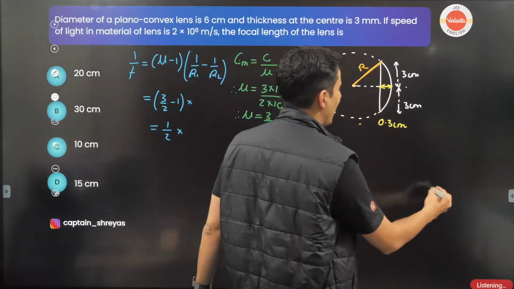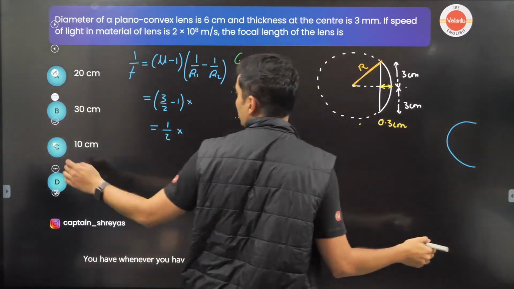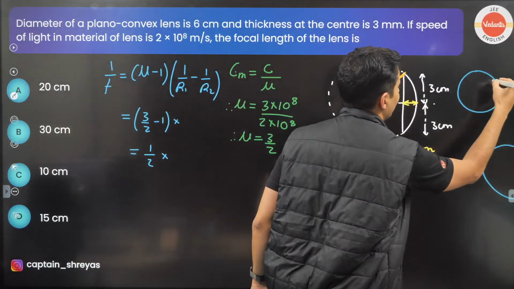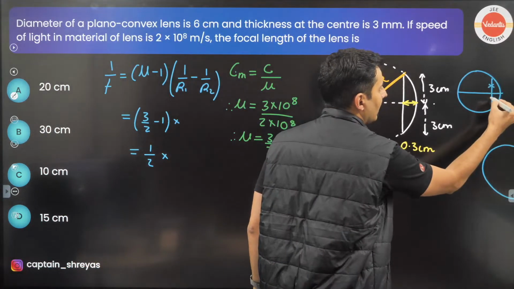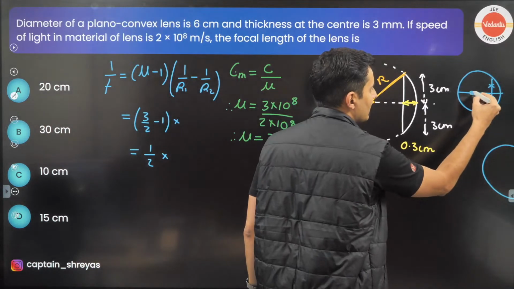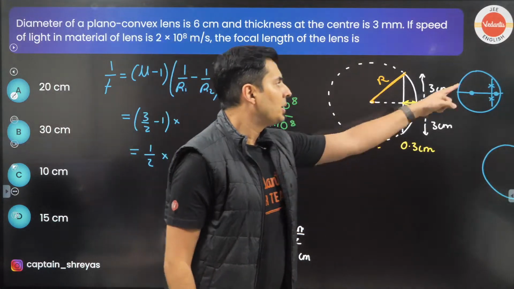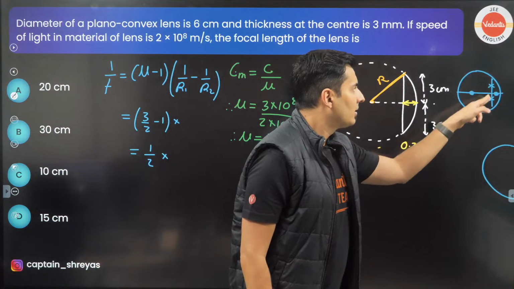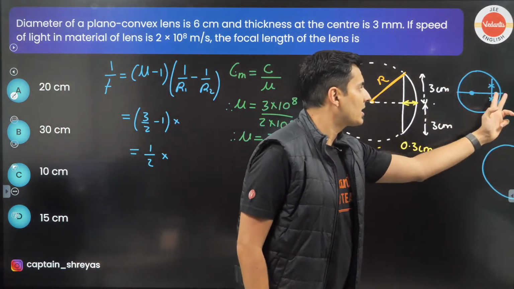Whenever you have a circle and a chord and a diameter, this side into this side is this side into this side. Very important property. If you have a chord perpendicular to the diameter, then the product of the sections of the chord is also the product of the sections of the diameter.